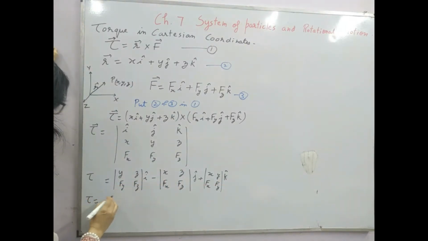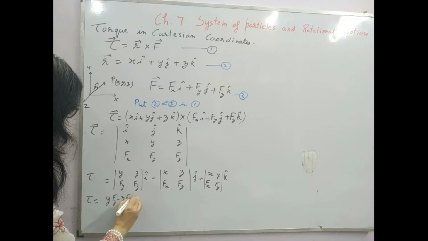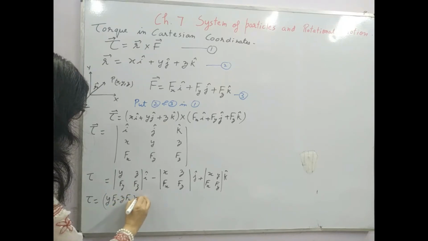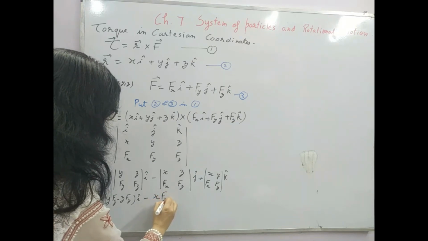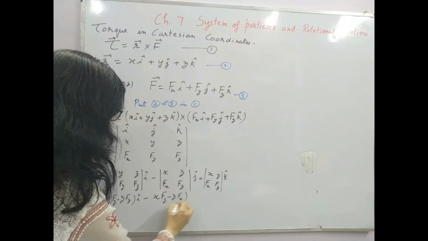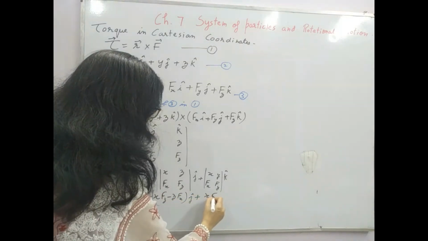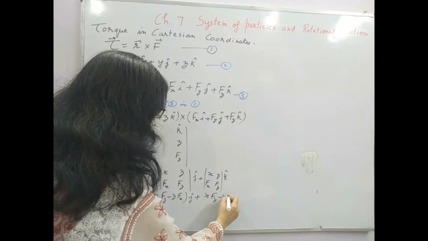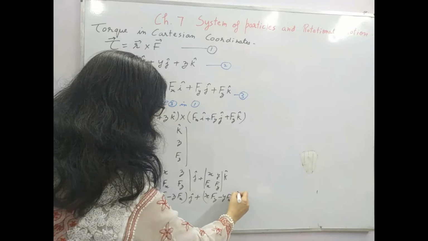So let's solve it. Torque is equal to y Fz minus z Fy. This is i cap, minus x Fz minus z Fx j cap, plus x Fy minus y Fx. This is k cap, right?